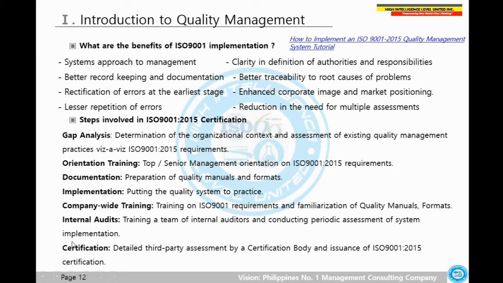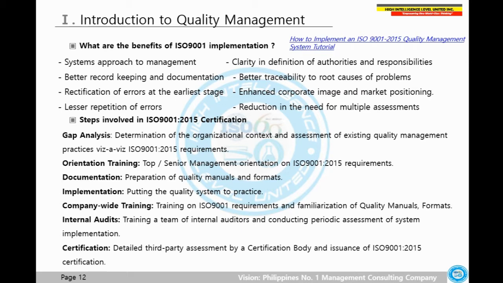Then after that, we can get a third-party audit, that is for certification. Do you remember Certifying Body? There are three audit types. The first is internal audit. The second one is second party audit.